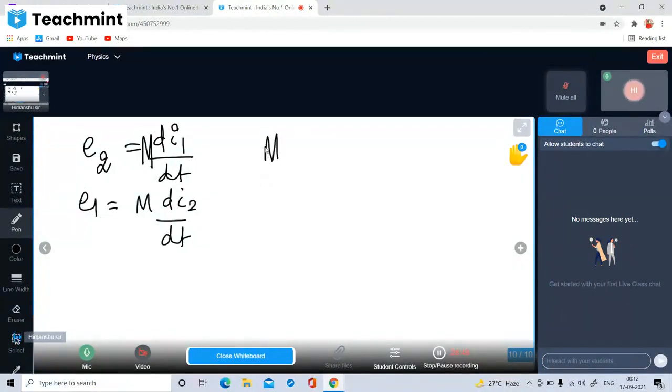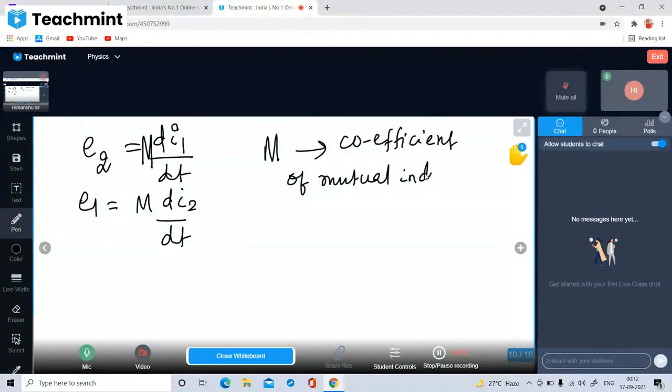So M is the coefficient of mutual inductance. Understood? Okay, let's move to the question.